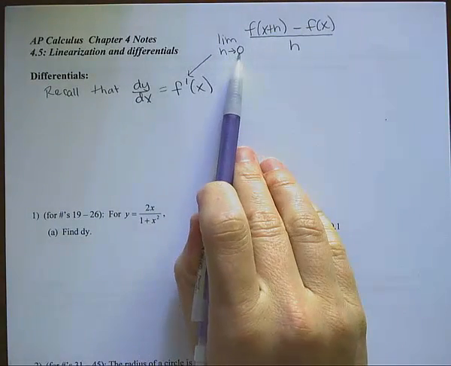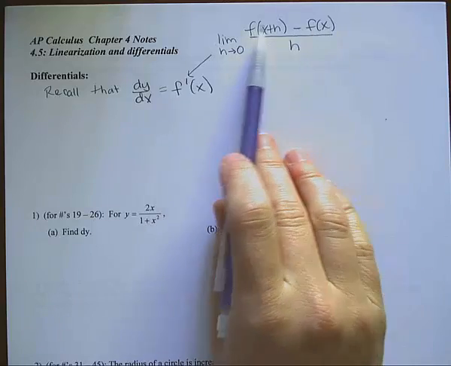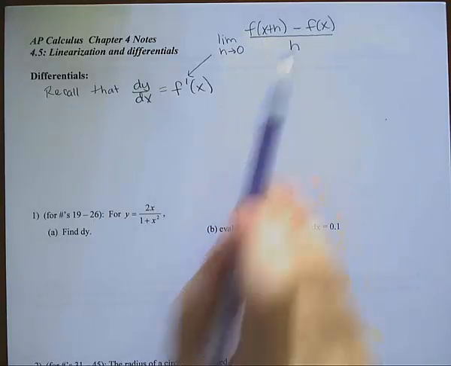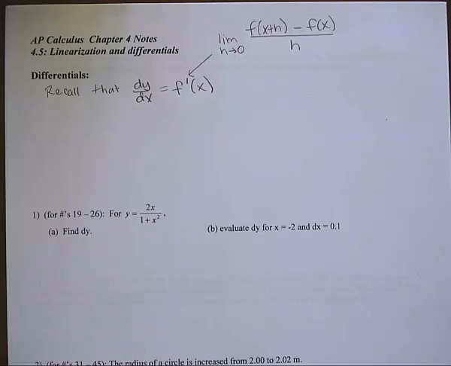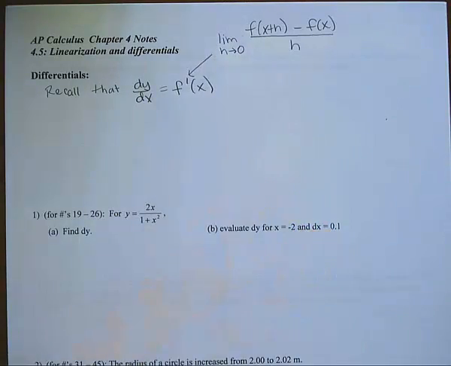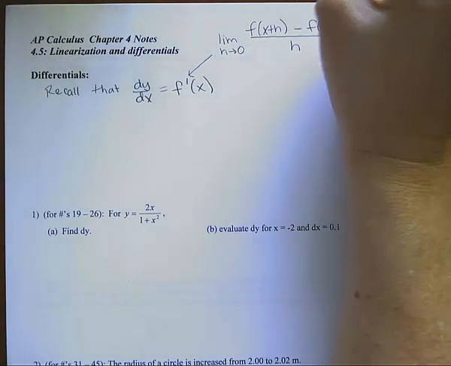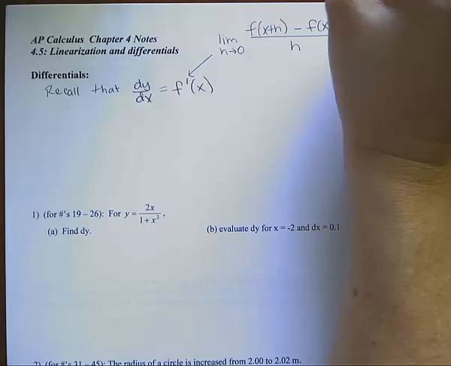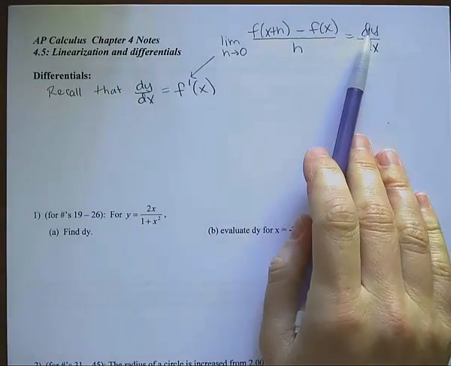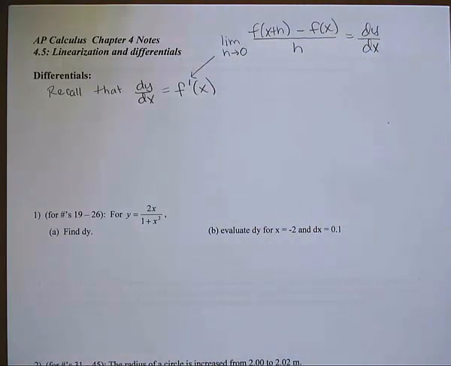So right when h hits 0, right at that instant, I have 0 over 0, which we're not algebraically able to determine what that equals. This notion of the limit is what helped us actually calculate what that 0 over 0 equals, what that instantaneous rate of change equals. And once we find that out, we end up with our dy dx. So that's our instantaneous change in y over our instantaneous change in x.